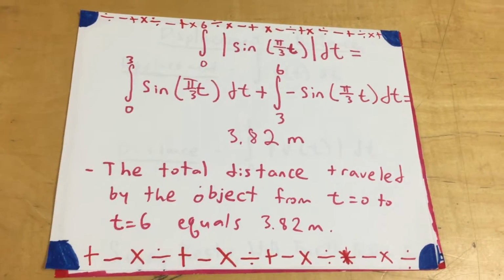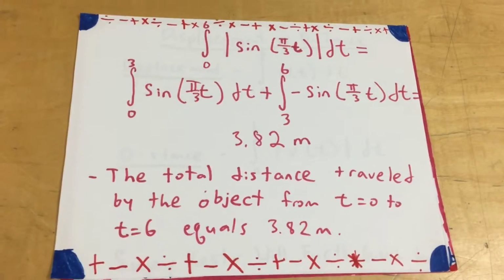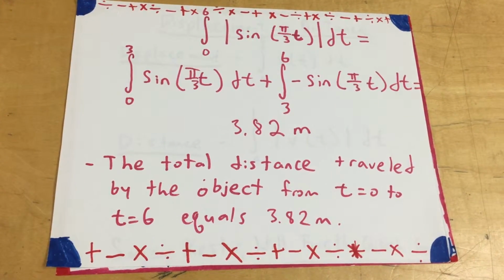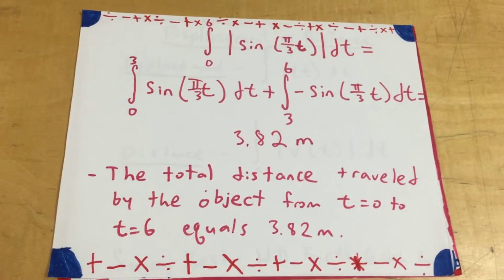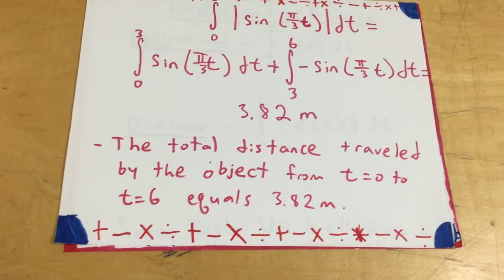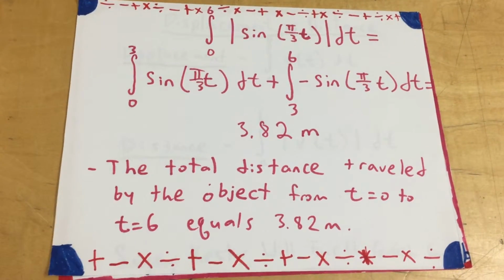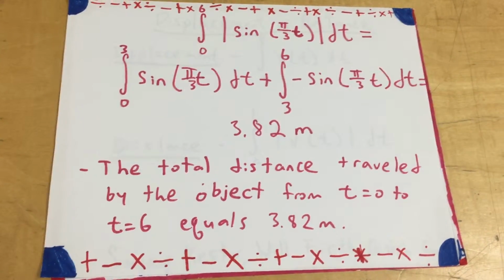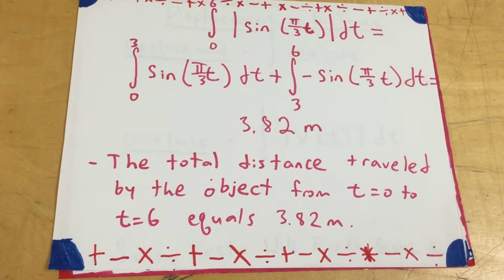You can do the integral from 0 to 3 of sine of pi over 3t dt plus the integral from 3 to 6 of negative sine of pi over 3t dt. What that does is you're adding the positive part of the graph, and then you're adding the opposite of the negative part of the graph, which makes that positive as well. And you get 3.82 meters. So the total distance traveled by the object from t equals 0 to t equals 6 is 3.82 meters.